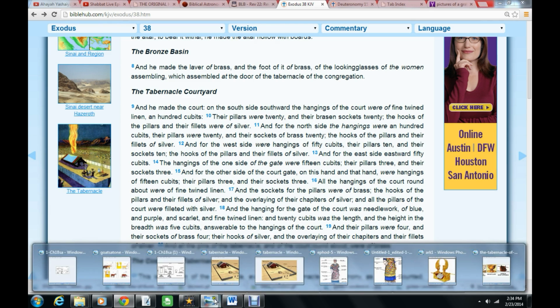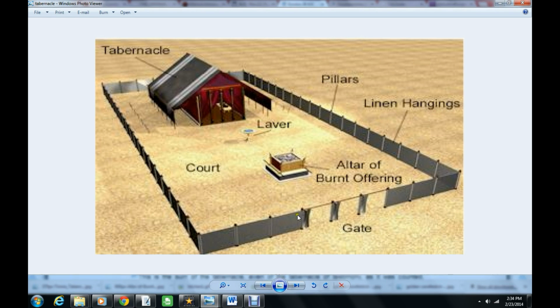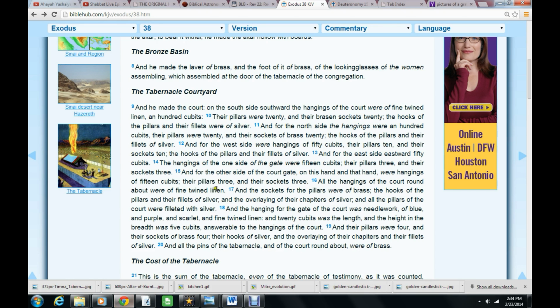Let me see if these pictures are accurate. 15 cubits. And there goes the gate where the opening is at. So where that opening is at, let me see. 3 pillars. Their sockets 3.